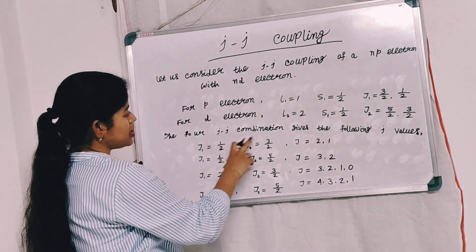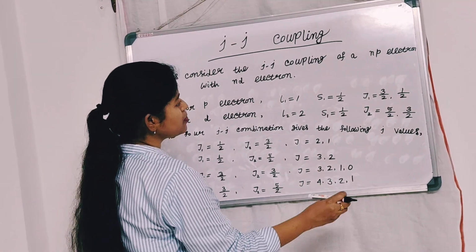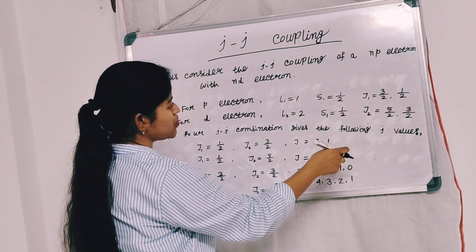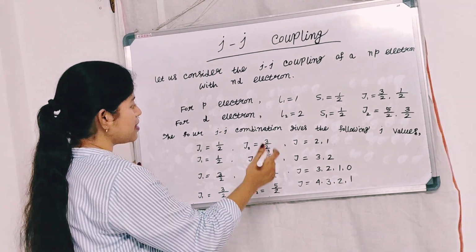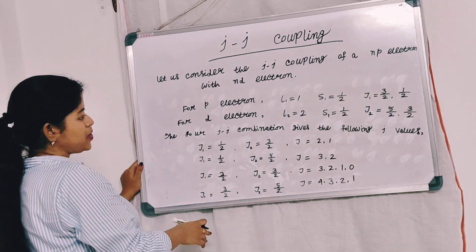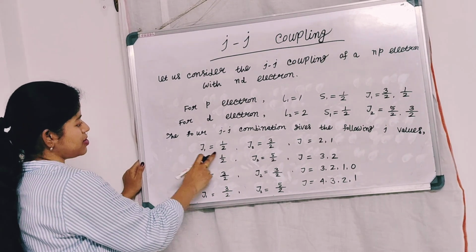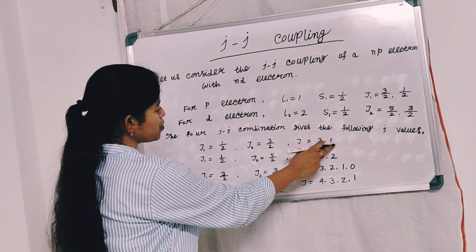So the JJ combination gives the following J values. Here we have 4 values of J, that is 3 by 2, 1 by 2, 5 by 2 and 3 by 2. These combinations give us the following values of J. If we consider J1 equals half and J2 equals 3 by 2, the value of J is 2, 1.